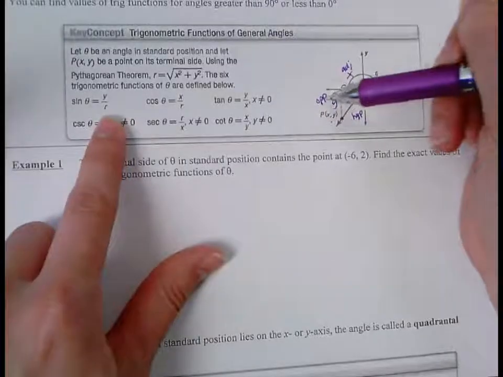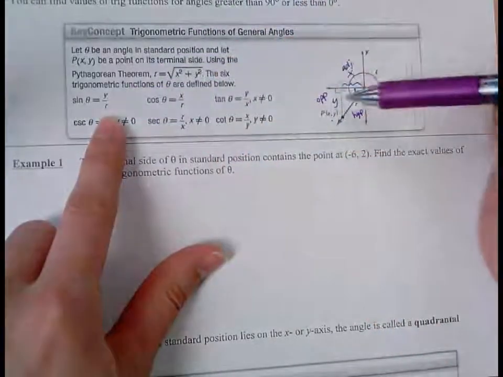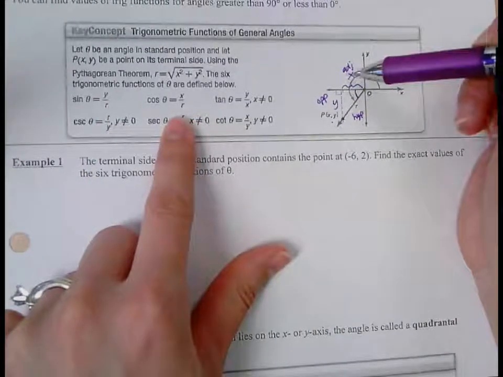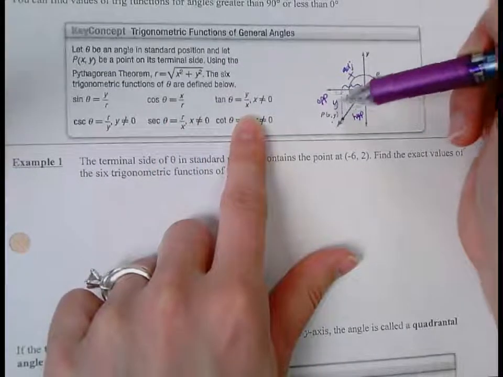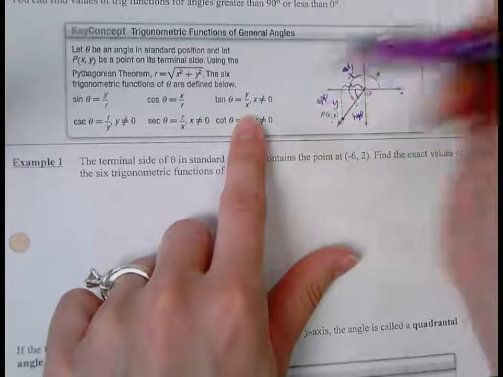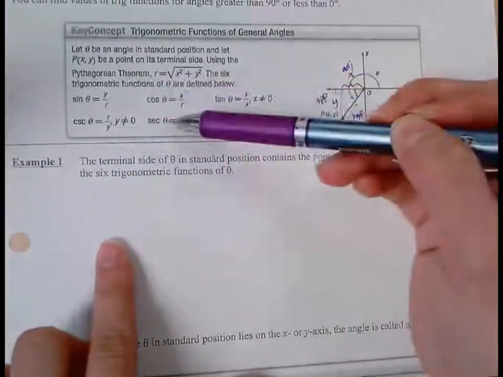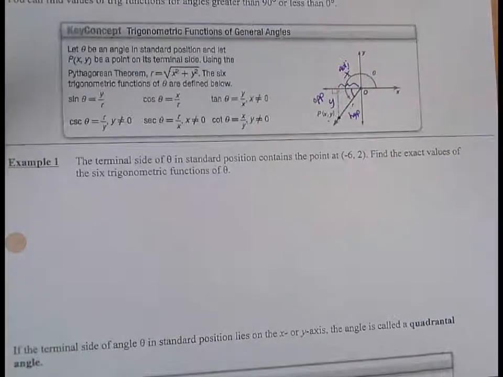So sine is opposite over hypotenuse, and that's why they have it here as y over r. You can see where that's coming from. Cosine is adjacent over hypotenuse, x over r. Tangent is opposite over adjacent, y over x, as long as x isn't 0. And then we have cosecant, reciprocal of sine, secant, reciprocal of cosine, cotangent, reciprocal of tangent.